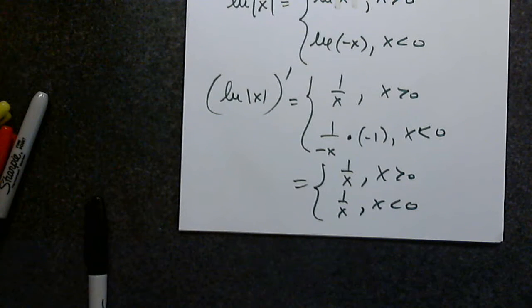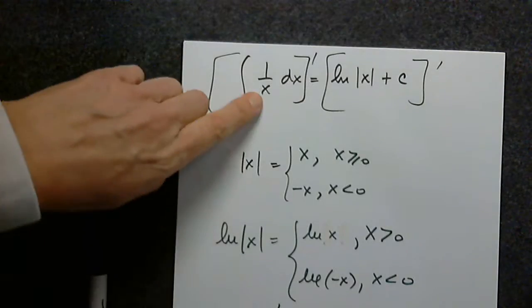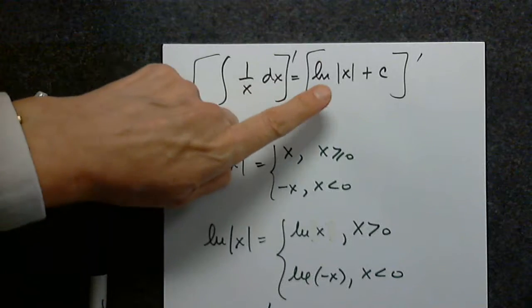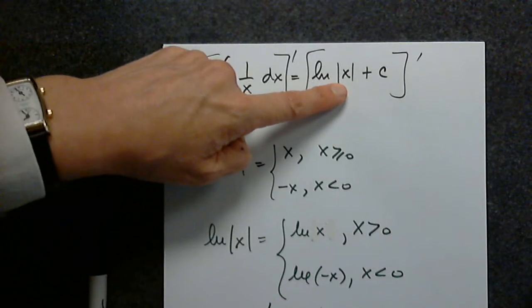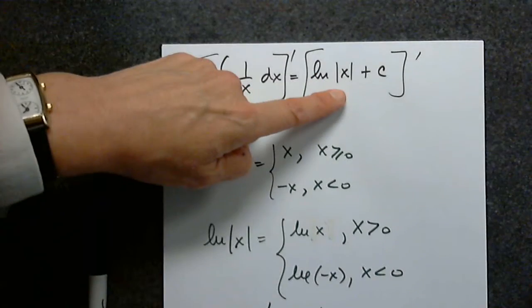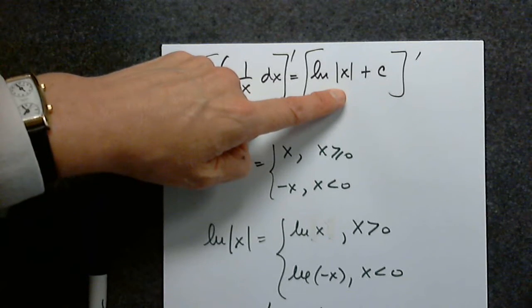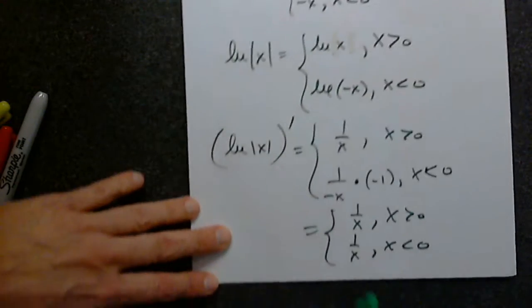So they are the same. And we have to put the absolute value. Every time we integrate 1 over x dx, the answer is not natural log x, but the natural log of the absolute value of x.